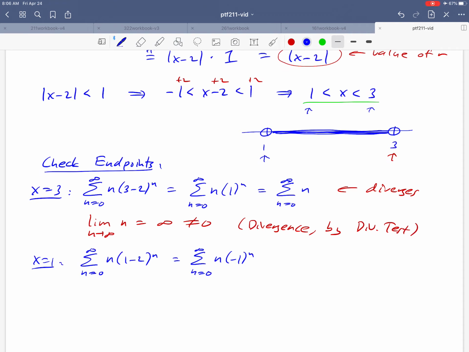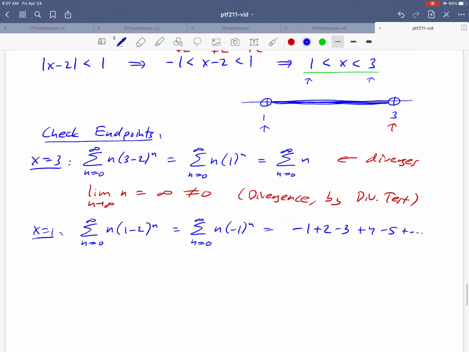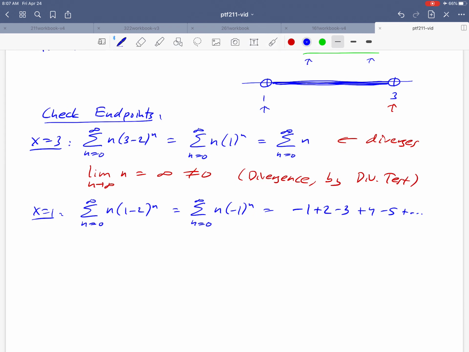Is that a series that converges or diverges? Well, it's kind of a crazy series. If we write out the terms, you'll notice that you get 0 for the first term, and then minus 1 plus 2 minus 3 plus 4 minus 5, and so on. And I claim that that series also diverges.